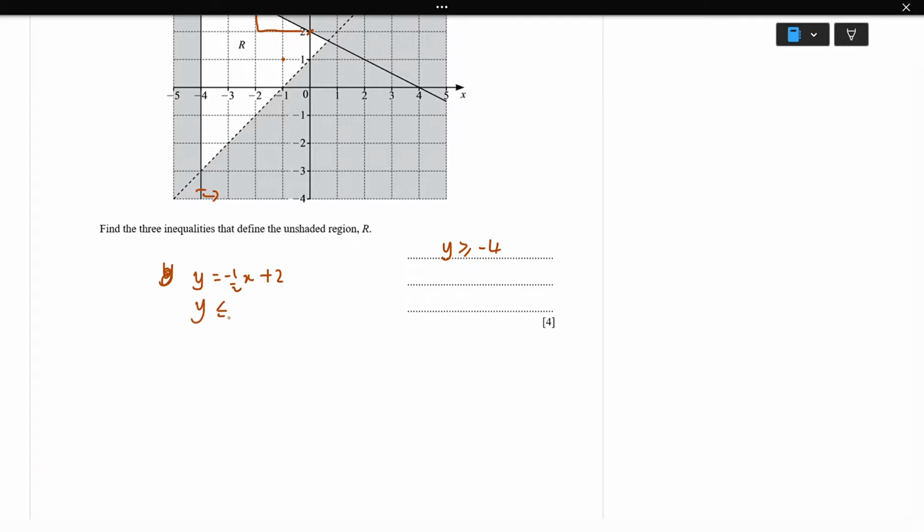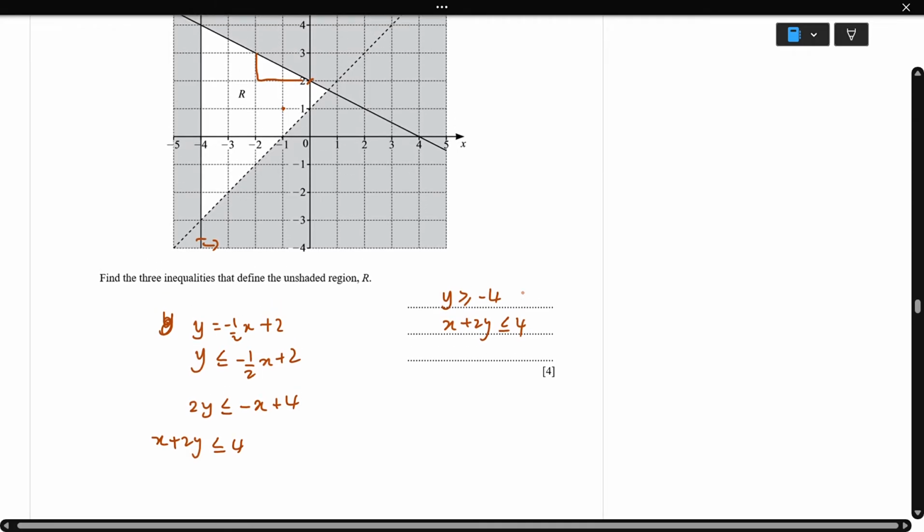I'll write the proper equation. I'll take the LCM and bring the 2 to the left side. So 2y less than or equal to -x plus 4. When I bring x here, x plus 2y less than or equal to 4. This is another inequality.